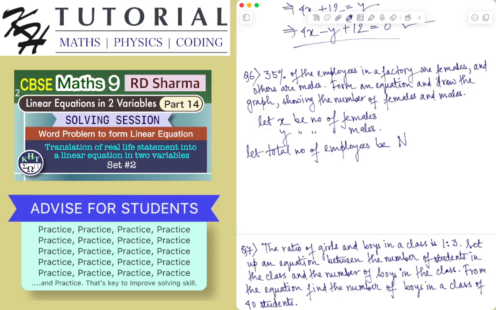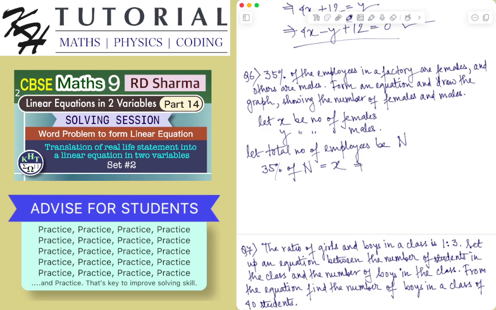So now I can say that it is given 35% of the employees in a factory are females. So 35% of the total employees, 35% of N, is equal to the number of females, which is x.